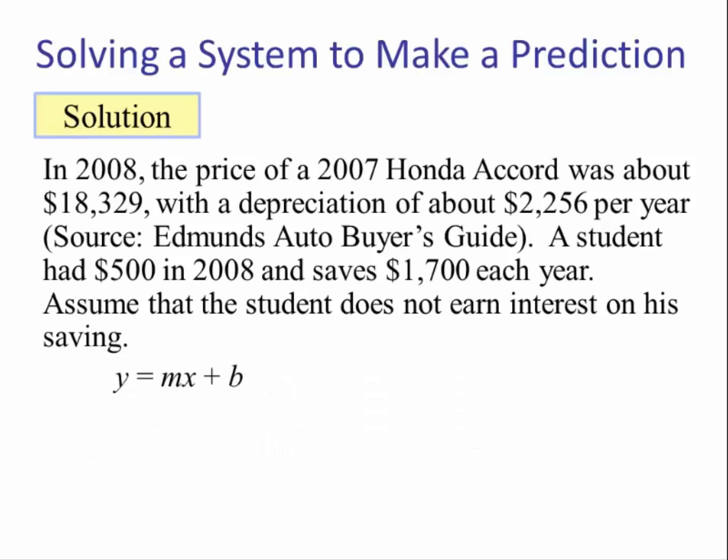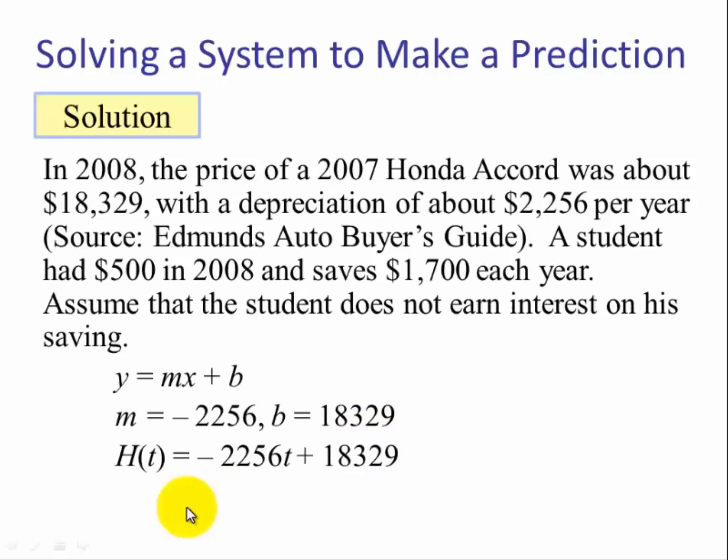So again, we're going to think of this as y equals mx plus b. From the problem, we know depreciation means a negative slope. So we have m as negative 2,256, and b is the value of the car in 2008. So we have h(t), that is our y. We have our slope. t is the number of years since 2008. That's our independent variable.